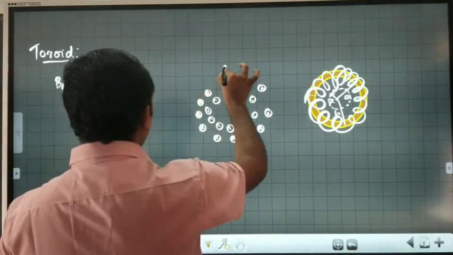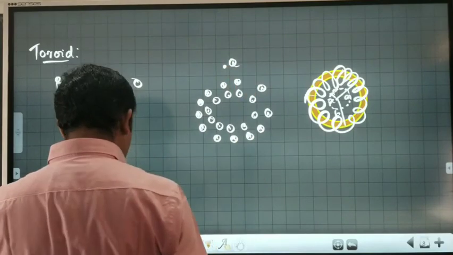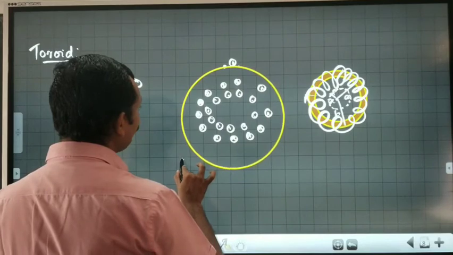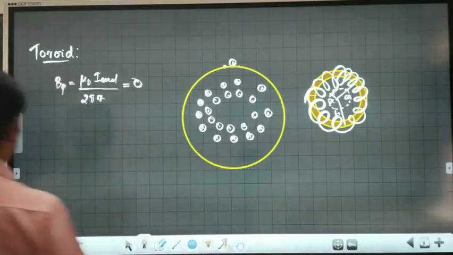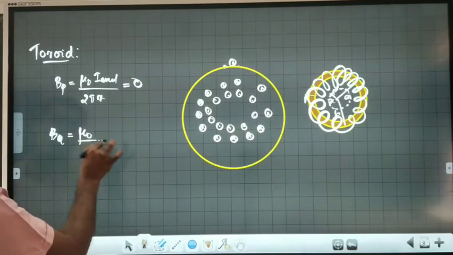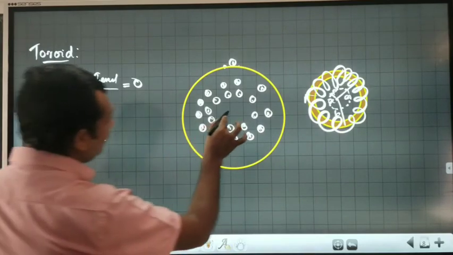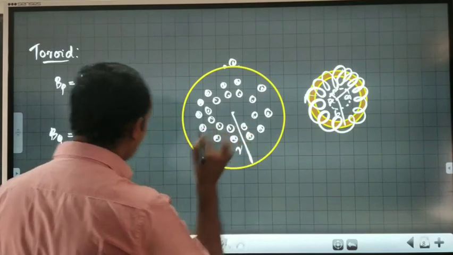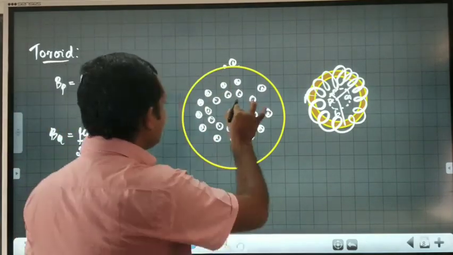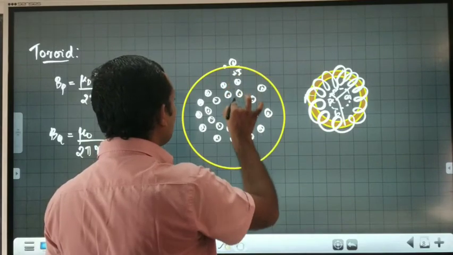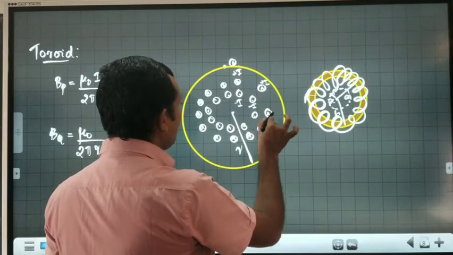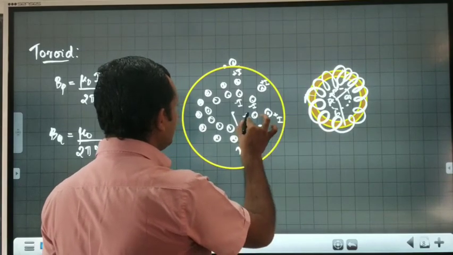Now taking a point Q here and constructing an Amperian loop passing through the point Q, tell me, what is the magnetic field at Q? It is mu 0 divided by 2 pi r, if I say the distance from the center is r, multiplied by the current enclosed. If this is plus I, this has to be minus I. Plus I, minus I, plus I, minus I, and so on.